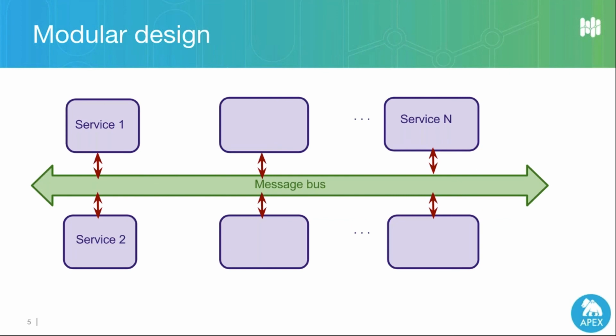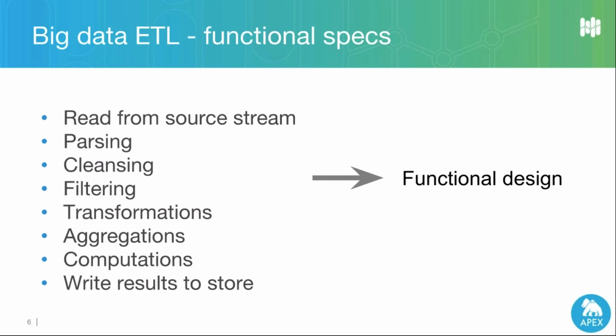If some other component is expecting that output as its input, it can subscribe to that particular topic, and it will get those messages as soon as they are published by application one, right? If we want to make this generic, we can say there are n number of services running, there is a message bus in between, and each service has a predefined topic from which it reads data and to which it writes data.